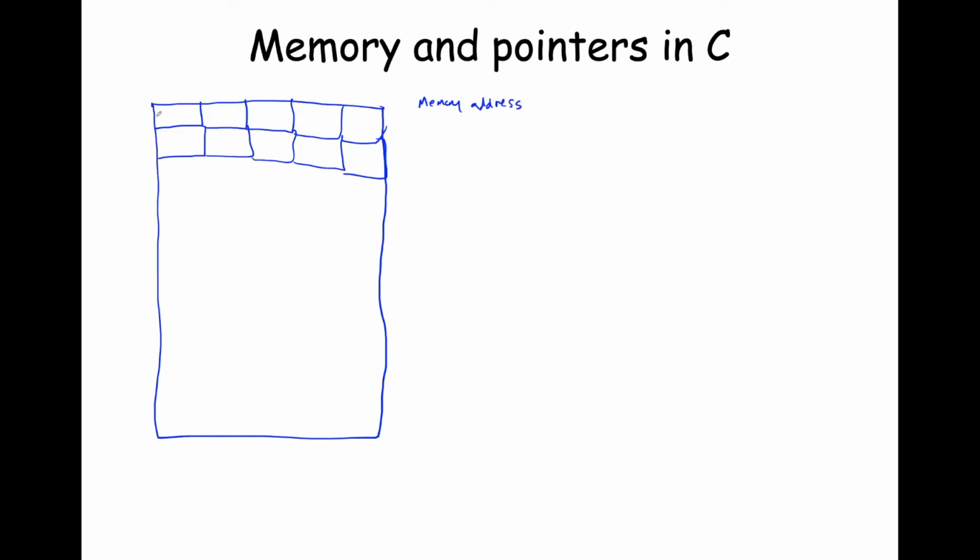Okay, so let's say this is at memory location or memory address 1. This byte is at memory address 2, 3, 4, 5, 6, 7, 8, 9, and 10.